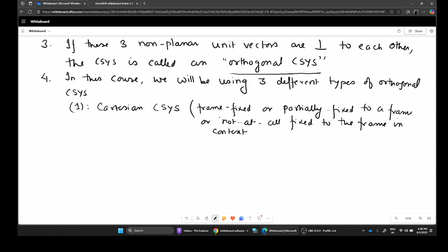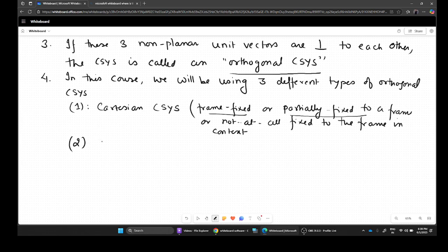I will explain the meaning of these phrases in a little while. What do we mean by a frame fixed Cartesian coordinate system or a partially fixed Cartesian coordinate system or a not at all fixed Cartesian coordinate system? I will elaborate on that.